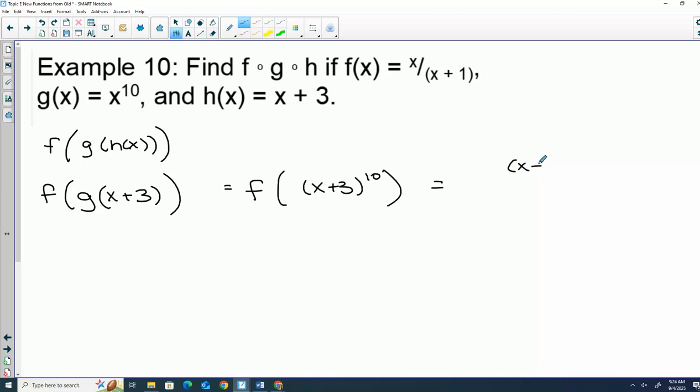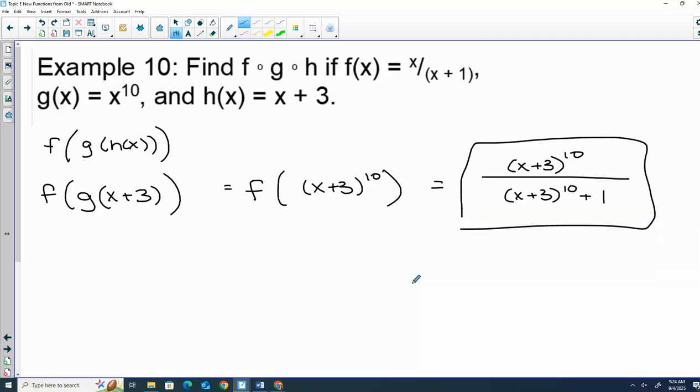So both of these x's in f get replaced with x plus 3 to the 10th. I don't know about you, but I don't really want to multiply that out 10 times. Yeah, it might take a little bit. So we'll just leave it as x plus 3 to the 10th. Any questions?